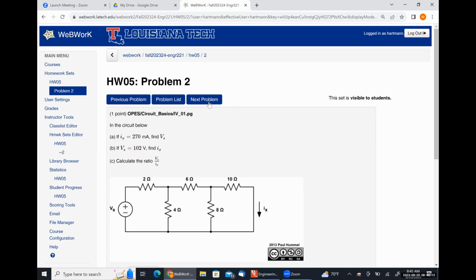Problem 2 here is a great place to apply the scaling principle of superposition. So in part A, you're asked to solve for Vs if Ix has some particular value. And in part B, you're asked to solve for Ix if Vs has some particular value.